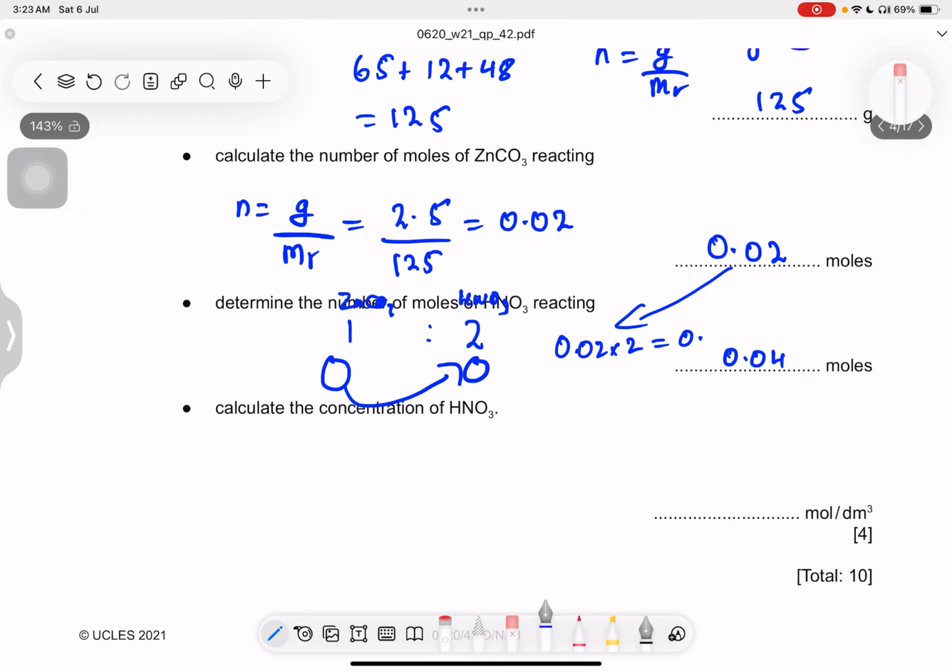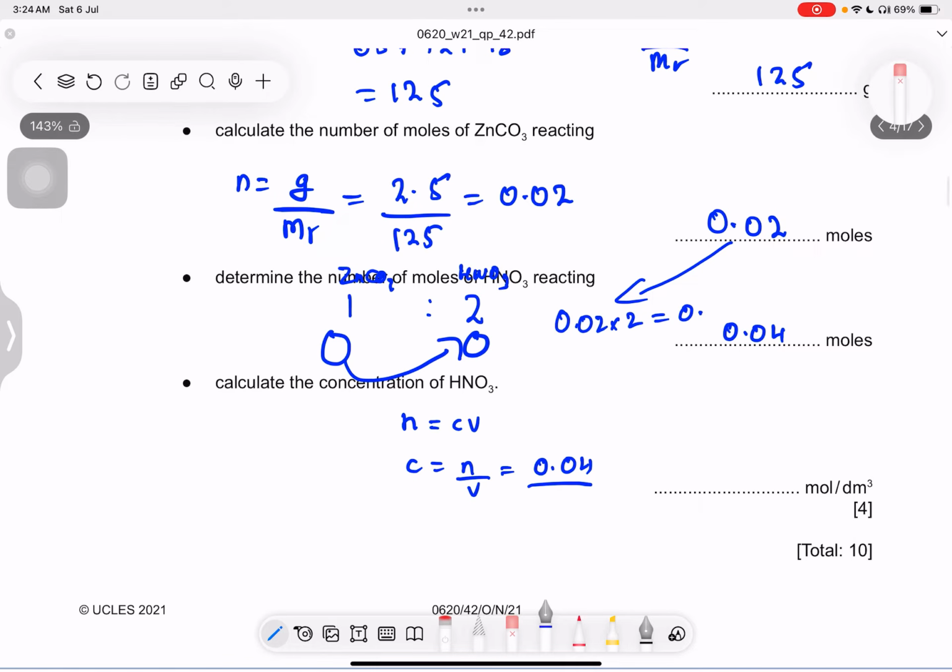Now calculate the concentration of HNO3. So for the concentration, the formula is n equals C times V, and C equals n over V, where the number of moles is 0.04 and the volume is... they're talking about the concentration.